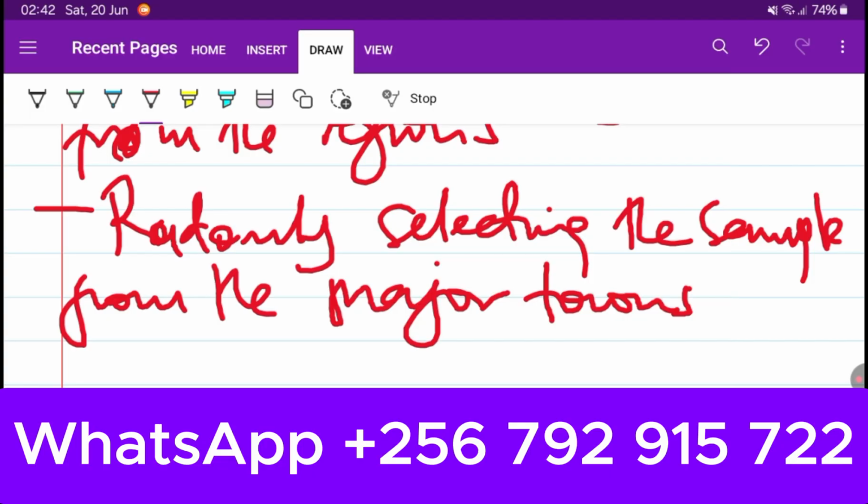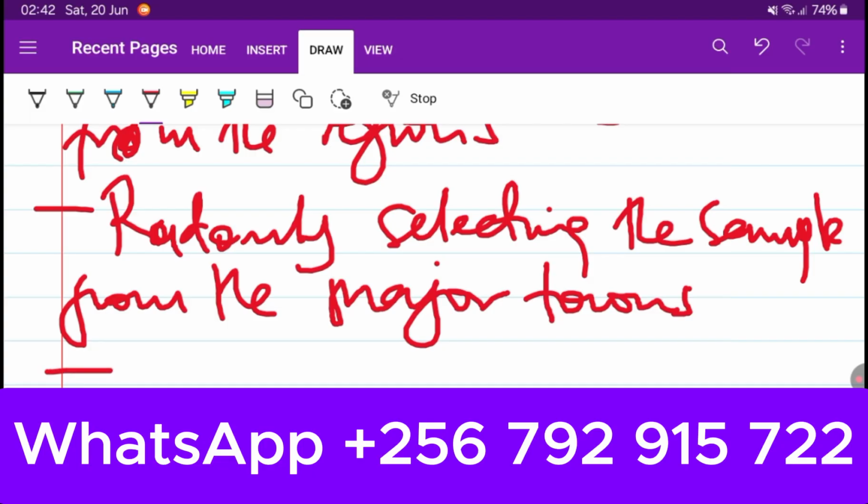We can pick some major towns like Mbale, Soroti, Manafwa. We pick some of those cities, then we study them. So we have picked a region, let's say we have picked eastern to be our sample, but within that we also form a sample from different cities.